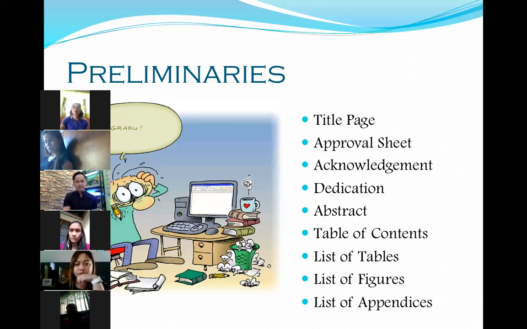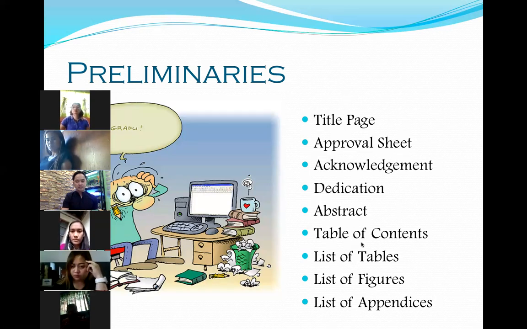What are expected are the following. Title page, of course. This is the page where you write your title and the program you are pursuing and the school where you are connected. Approval sheet is the page where you see the name of your advisor that you are being endorsed for proposal, the name of the chairman, and the name of the 2 panel members.